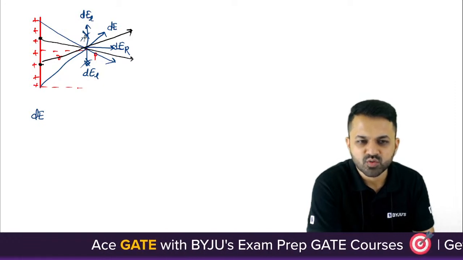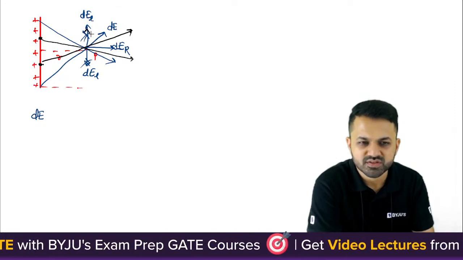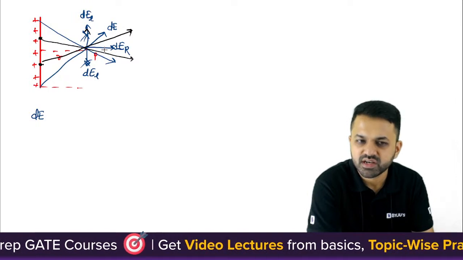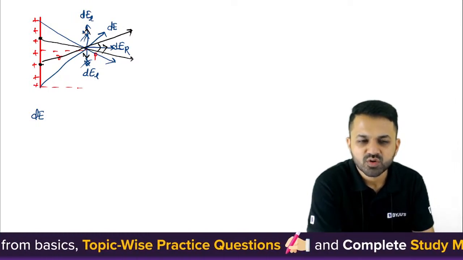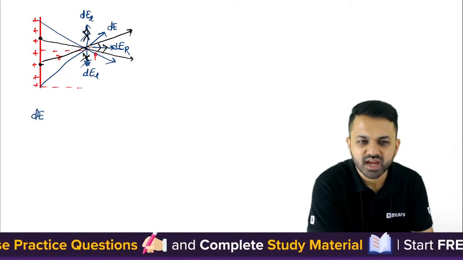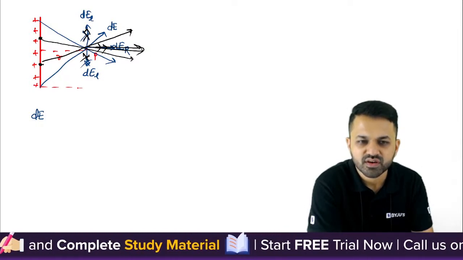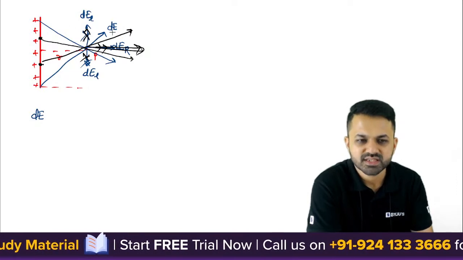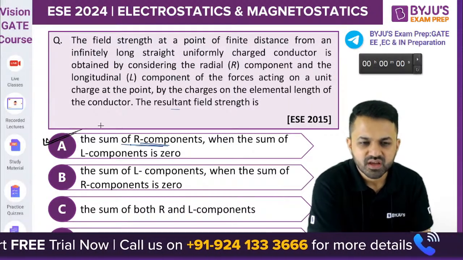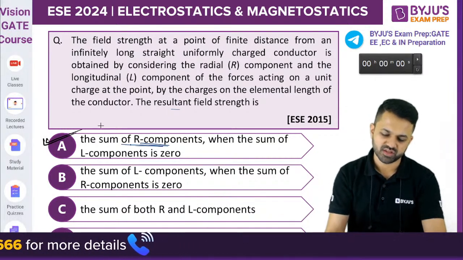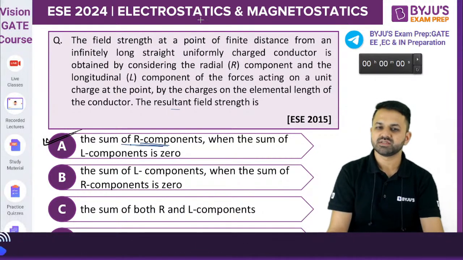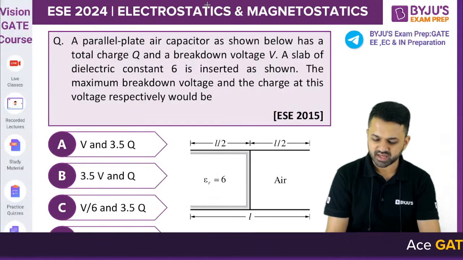When you take the two components, one component will go in the positive longitudinal direction and the second one in the radial direction, and similarly for these two. So these two will again cancel each other and the resultant will go in the direction of the radius. So the answer would be the first one. The radial components will add together, and on the other hand, all the longitudinal components will cancel each other.